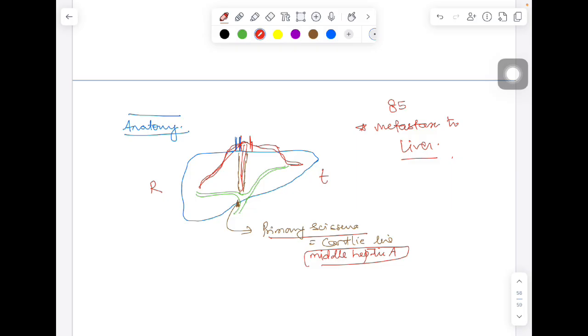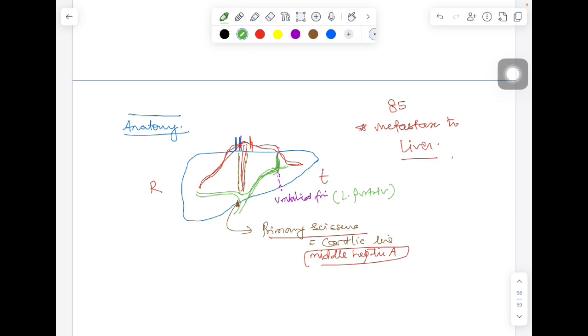Now with the blood supply, there comes further division. One division is the umbilical fissure, where the left portal vein is running like this. So the left portal vein runs in the umbilical fissure and it further divides the left side into two parts.